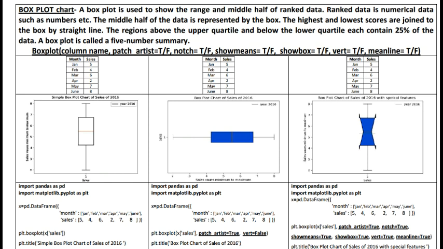So this will create a problem. The solution to this problem is we can create a new kind of chart. This is called the box plot chart. This is a summarized chart. A large volume of data we can easily manage and see, because suppose we have a large volume of data, we cannot carry it with us, so we can only select the most important figures, such as maximum, minimum, total number of counts and median.